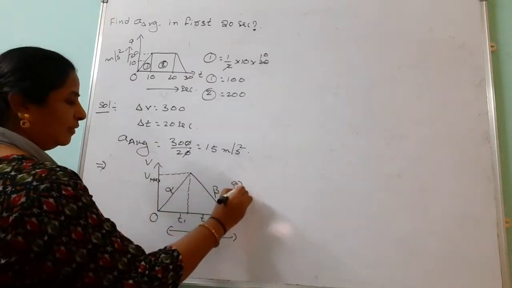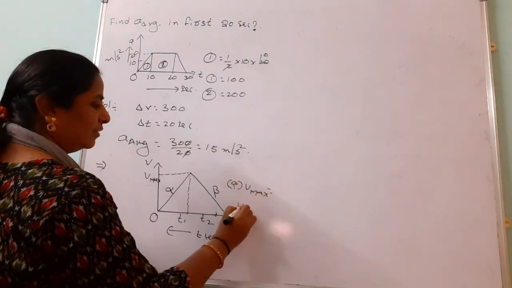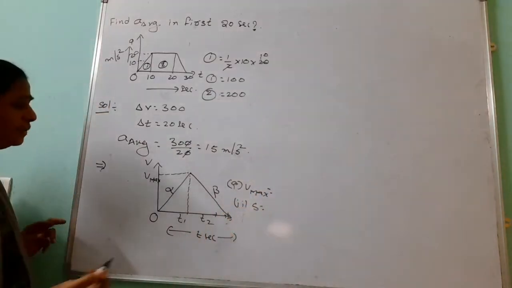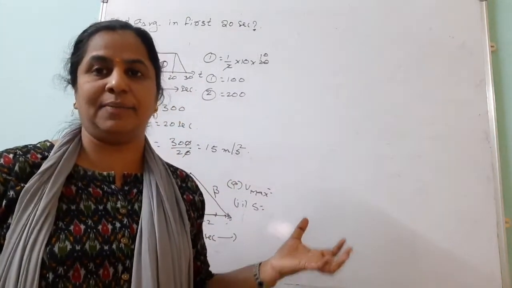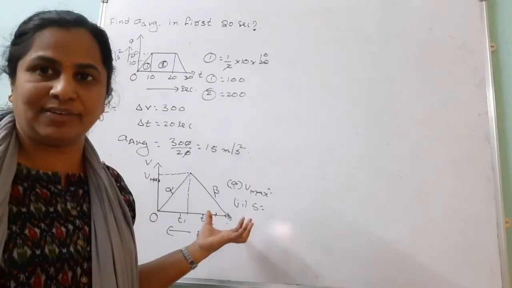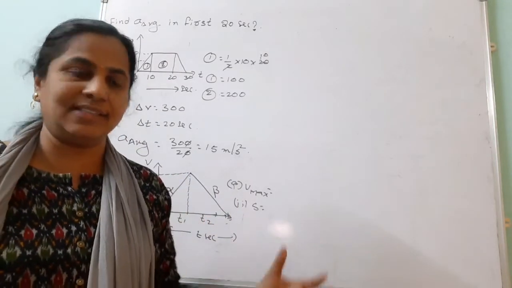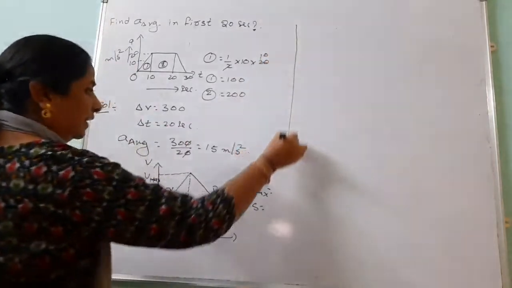In the first part we should find the maximum velocity, and in the second part the displacement. You know that acceleration is the ratio of velocity and time. So the slope of the first part gives alpha, and the slope of the second part gives beta.